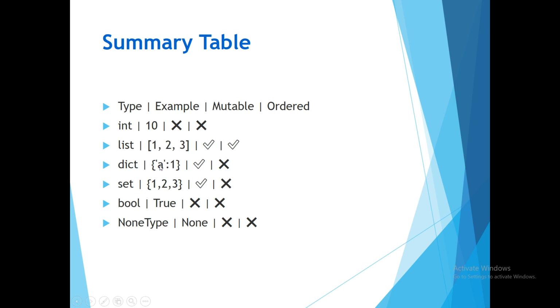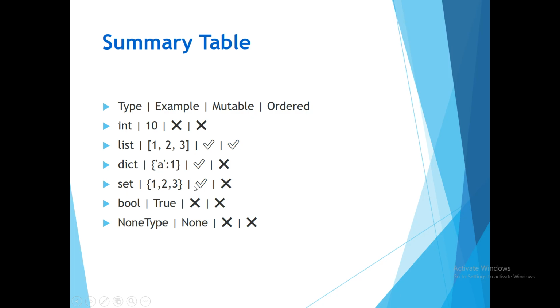Dictionary: key-value, here you can see a and 1. A dictionary is also in curly braces. Like a set, it also uses curly braces, but a dictionary has key-value pairs and a set has only values. A dictionary is also mutable, so we can change it, and it is not ordered. A set is also mutable and not ordered.